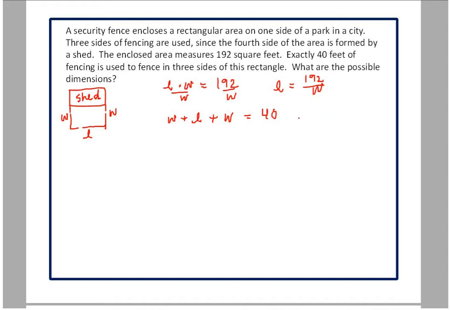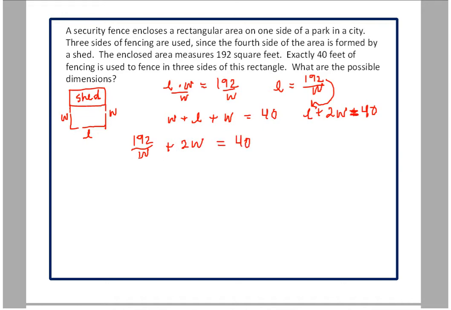I'm also going to make that length plus 2W equals 40. So we get 192 divided by W plus 2W equals 40.